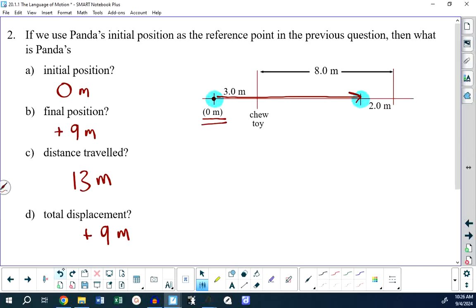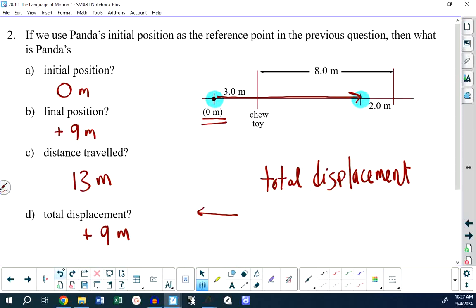But I want you to notice that all this meandering back and forth, in terms of finding distance, that's important. But in terms of finding displacement, we did not need to look at that. Because total displacement means you add the displacements.